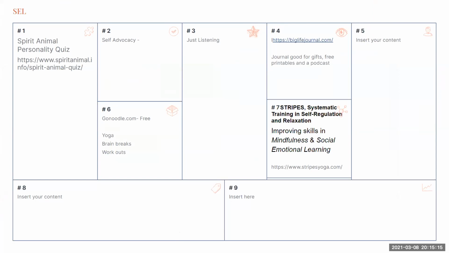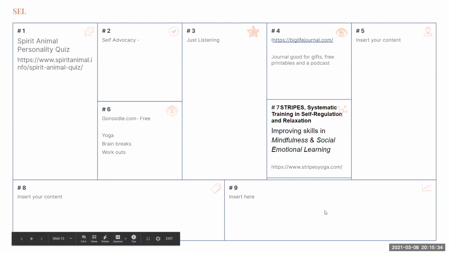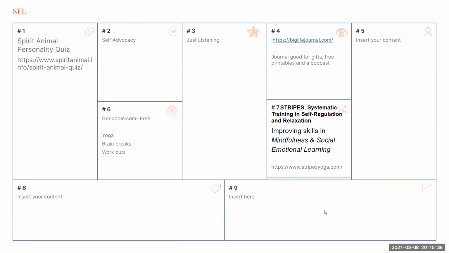We found it really helpful with our own kids to read those books together, as part of our nighttime routine, and just to normalize the conversations. Wow, have you ever felt that way? Or how do you think he felt? Or what would you have done if you were in his shoes? And it creates a way for kids to relate, and to normalize whatever it is they may experience, or the diagnosis, or any of those pieces.